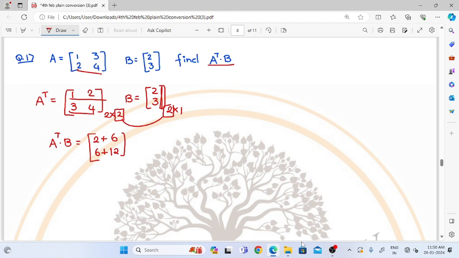These two numbers tell you if you can multiply the matrices or not, and the remaining two numbers, 2 and 1, give you the order of the resultant matrix, that is 2 by 1. Here 6 plus 2 is 8, and 12 plus 6 is 18. So this is our answer of A transpose into B. Our resultant matrix is 2 by 1.